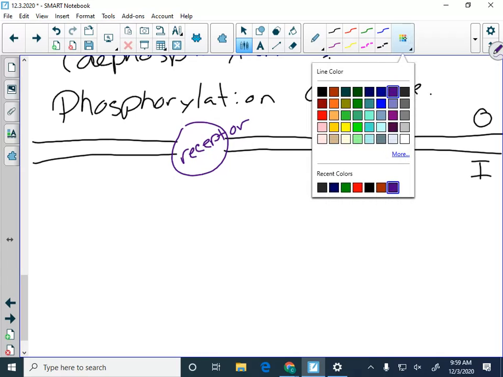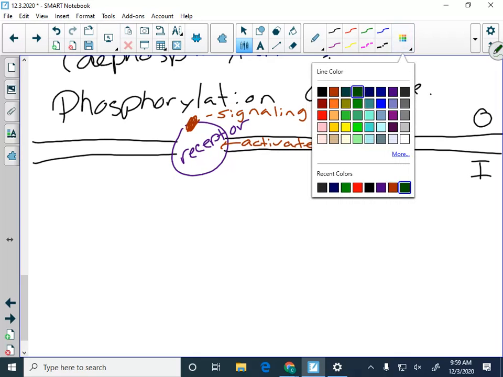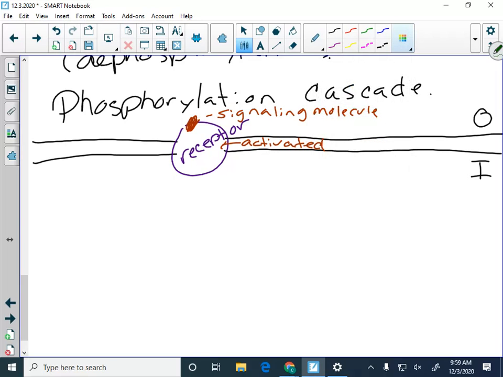So this receptor is activated by a signaling molecule. So signaling molecule activates our receptor in any of the processes that we talked about yesterday.